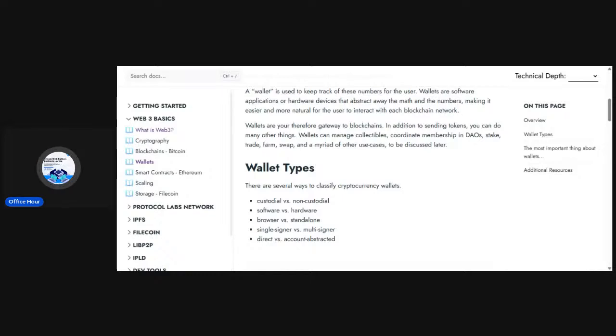So there are several ways to classify cryptocurrency wallets: the custodian versus the non-custodian, the software. And mining. The node providers are actually miners, because for you to maintain a node, you have other functions to be doing.